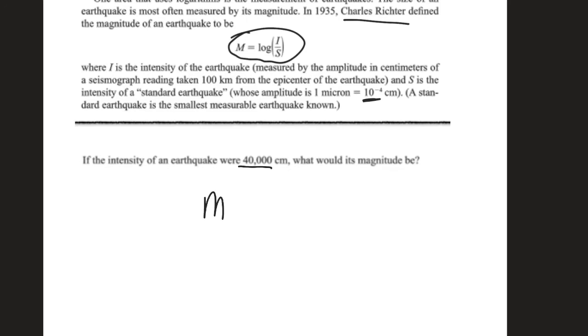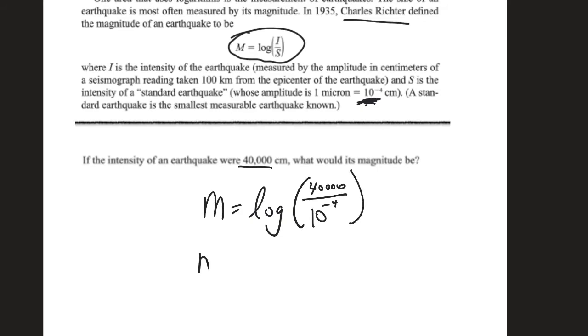So magnitude equals the log, intensity on top is 40,000. And then, like I said before, we're going to put the standard earthquake amplitude at the bottom. So 10 to the power of negative 4 goes on bottom.